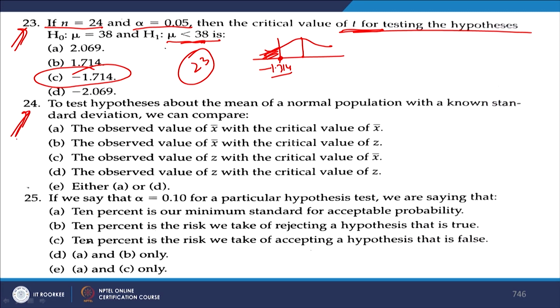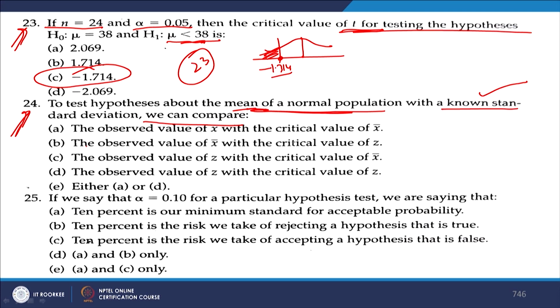Let us look at the 24th one. To test a hypothesis about the mean of a normal population with known standard deviation, we can compute. So, the standard deviation is known and we are testing a hypothesis about the population mean, right.